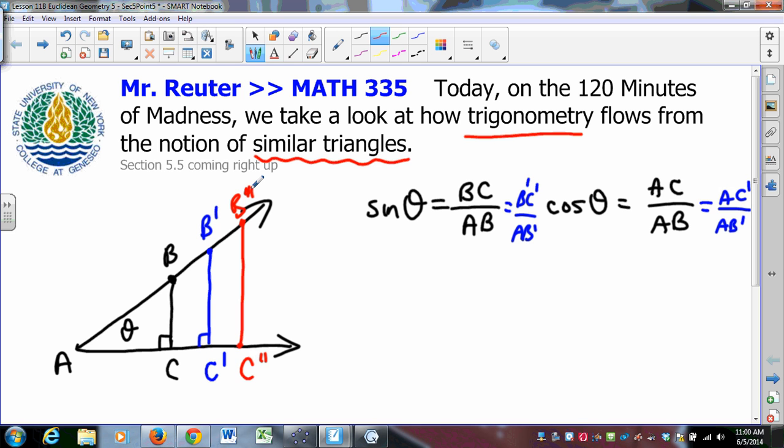Okay, now mind you, we have studied angles from 0 degrees through but not including 180 degrees. So what happens if theta is obtuse? Well, if theta is obtuse, then we say no big deal.